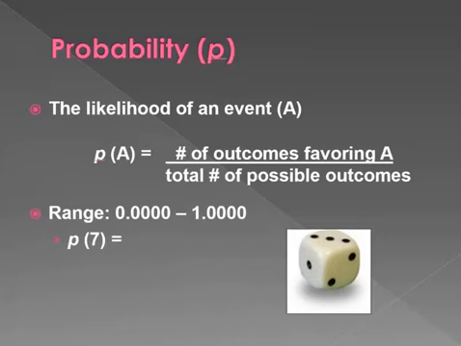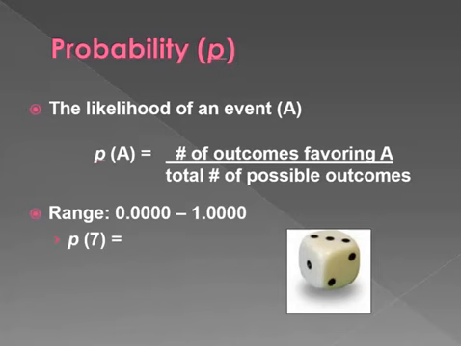Well, the formula, as you can see, is right there on the slide. It's the number of outcomes favoring A, right? So the probability of A, probability of something happening, in this case, probability of rolling a 7. So the number of outcomes favoring rolling a 7 divided by the total number of all possible outcomes. Well, the number of outcomes favoring a 7 is 0, right? Because the die only goes all the way up to 6.